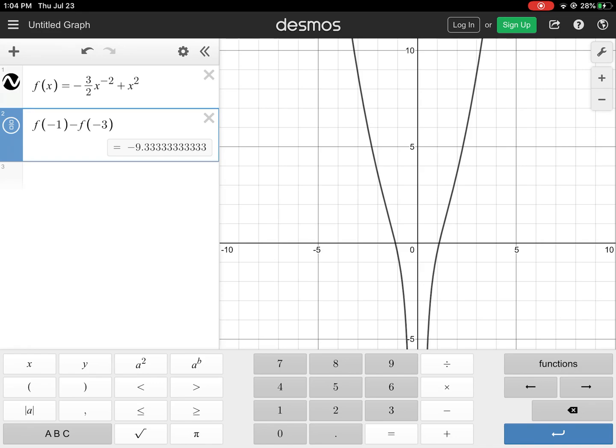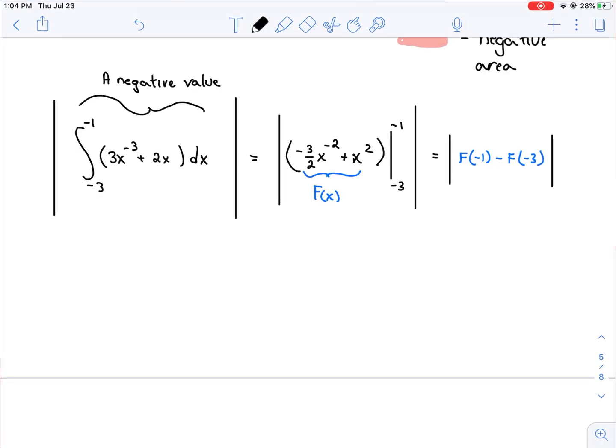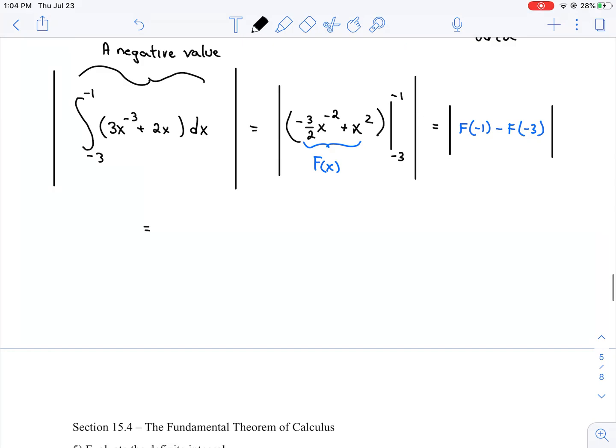And notice that the solution is negative. We can make that a fraction. That'll be negative 28 thirds. So this is equal to the absolute value of negative 28 thirds, which is equal to 28 thirds.